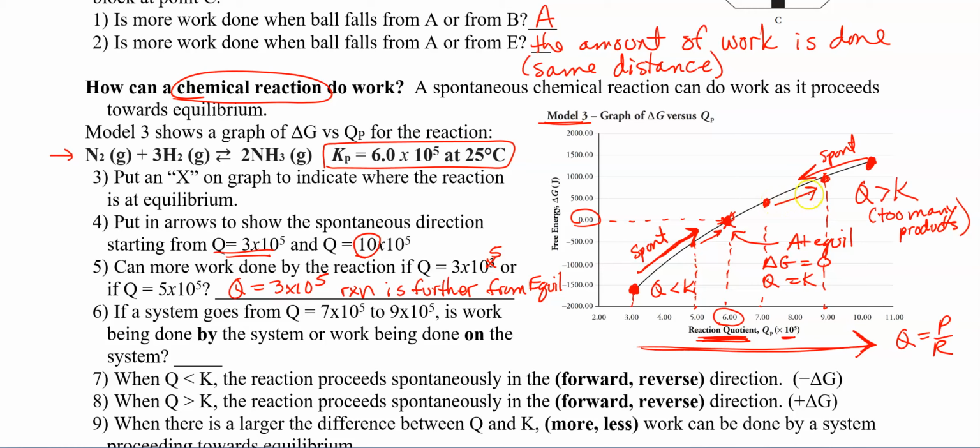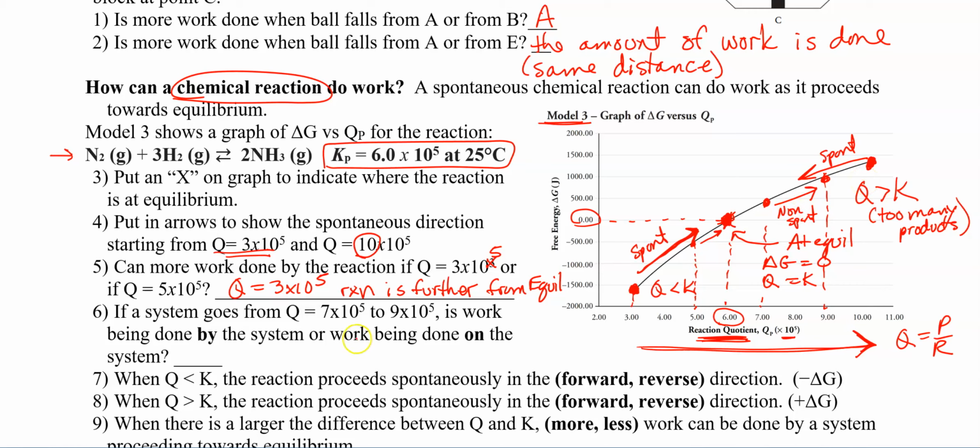Hopefully you said that's the non-spontaneous direction, because remember, spontaneous direction is going to be going to equilibrium, which is right here. So we're moving in the opposite direction. So this is the non-spontaneous direction when you're moving to the right, away from equilibrium.